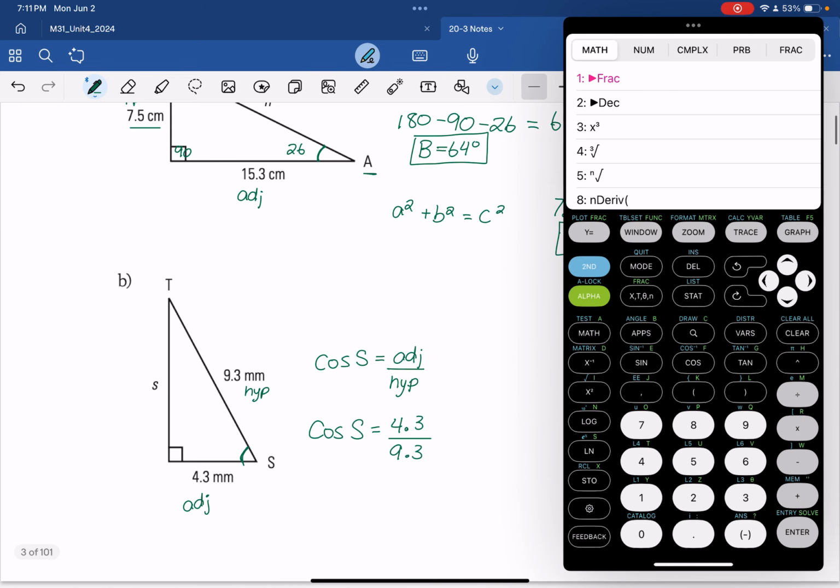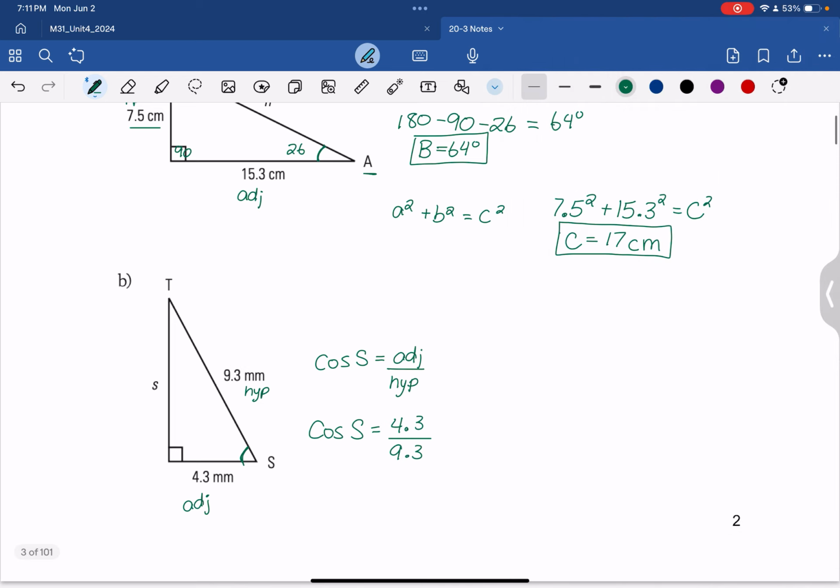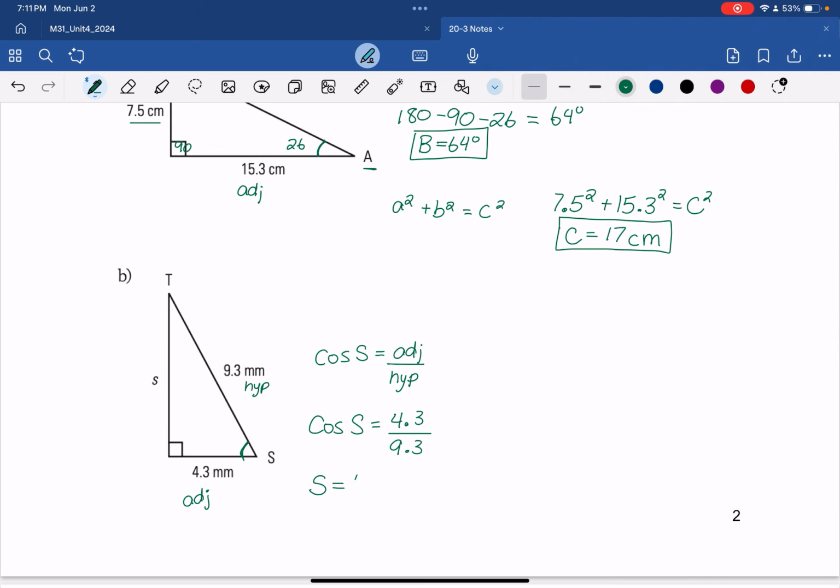Okay, and whenever we're looking for an angle, I need to take second of that trig ratio. So you'll see where it says a -1. So 4.3 divided by 9.3. If I can type it in correctly. We're struggling. Okay. So I'd say we could round this to like 62.5 or 63 degrees. Let's go 63. We'll round it to a nice even whole. Okay, so that means that this here is 63 degrees.